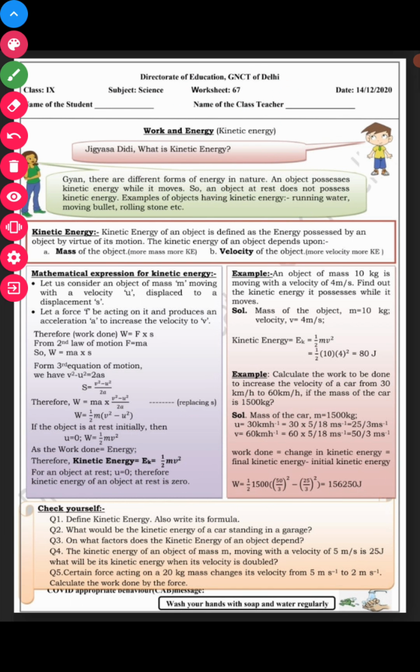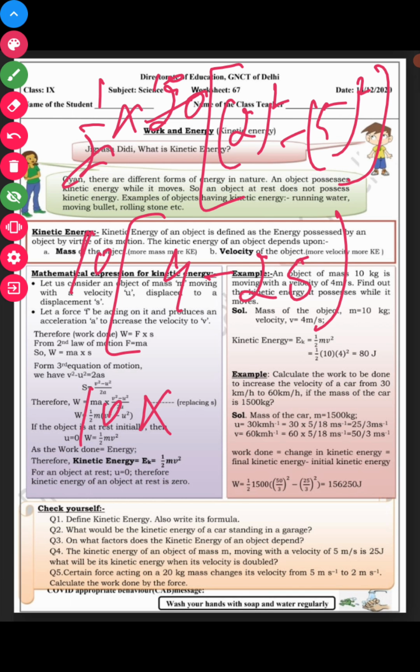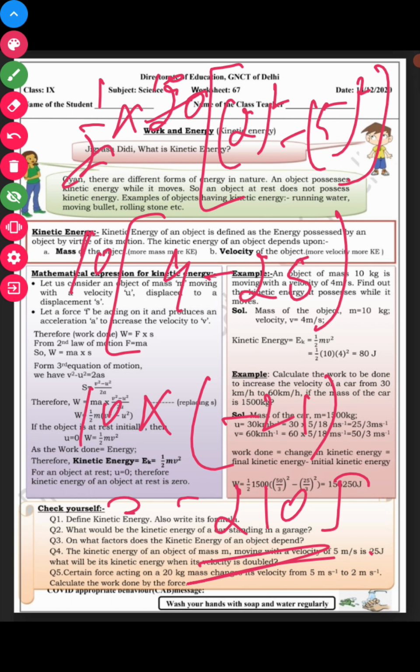We will get half m we have 20, v square means 2 square minus 5 square. Okay, so 10 into 4 minus 25, then 10 into minus 21, that is minus 210 joule. This is the answer of your question.